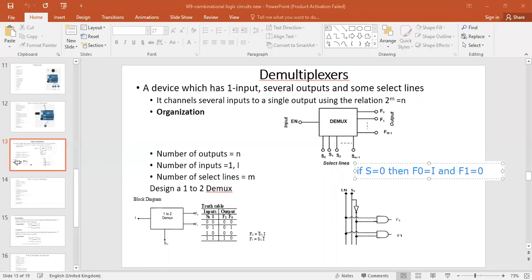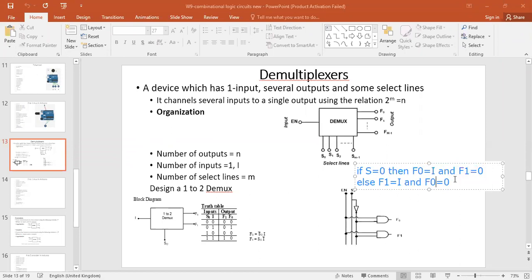Else, F1 is equal to I, and F0 is equal to 0.